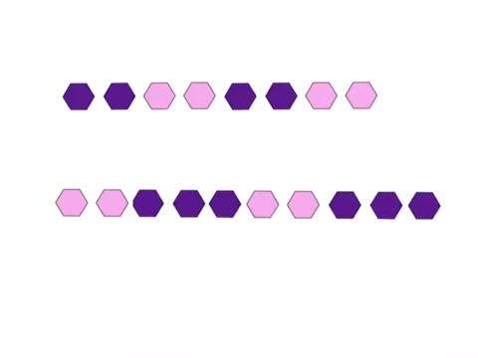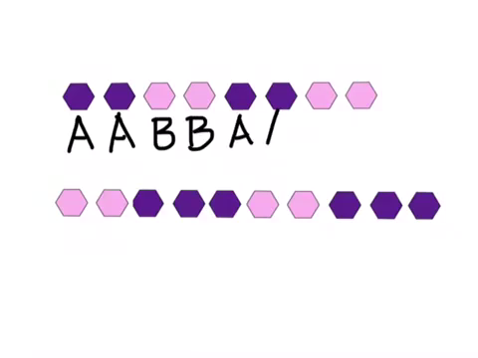So with the pen, I'm going to describe the first pattern. It's A, A, B, B. A, A, B, B. Now the reason I can say it's an AABB pattern is because we have two dark purple, two light purple, two dark purple, two light purple.